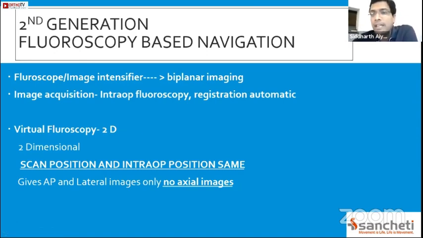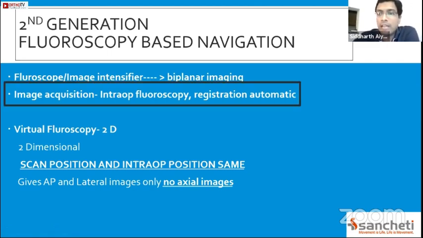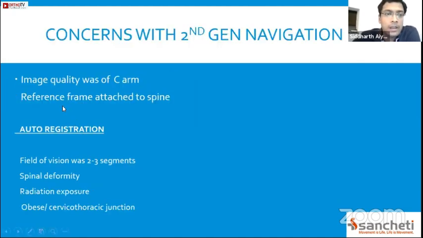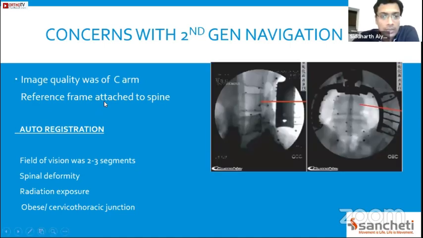The image that you finally did the navigation on was also poor quality C-arm images, and the advantage being that it was done intraoperatively, so the patient position during the scan and when you were operating is the same. So that was one advantage. But eventually the concern was that the image quality was not as good as a C-arm.